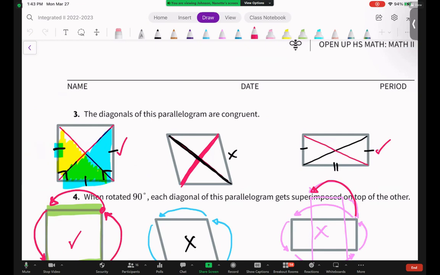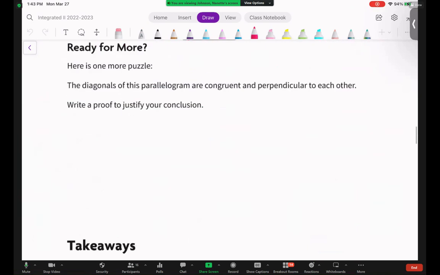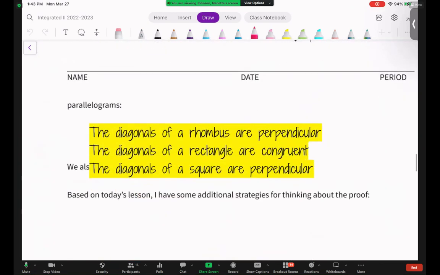And no, not the rhombus. Look carefully. Yes, the square and the rectangle. So the diagonals of a rectangle are congruent. And then, instead of me typing that all out again for square, notice here: perpendicular and congruent.